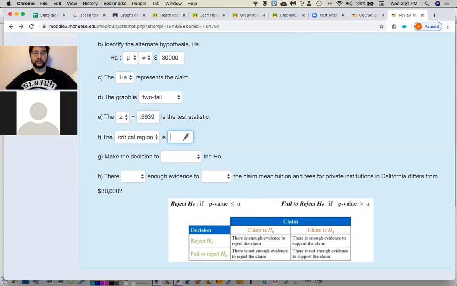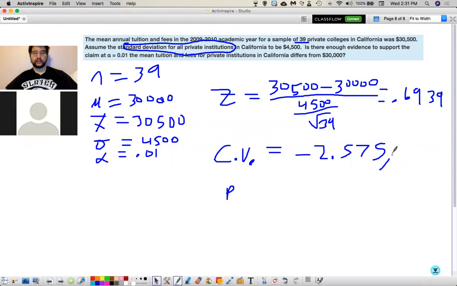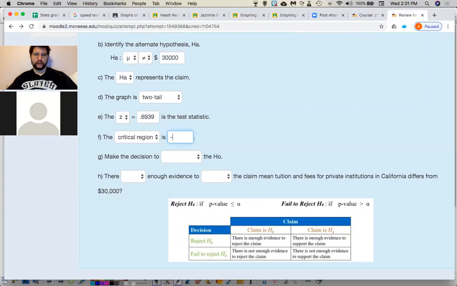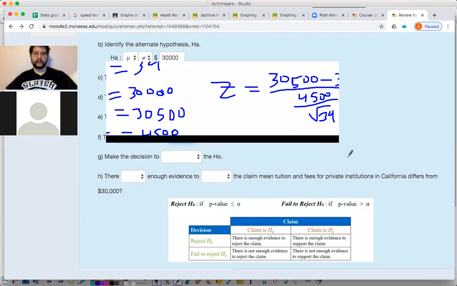So I guess I could say critical value of, well, it's also going to be positive, right? It's a two-tail. Let's see if it lets me type it. 2.575, comma. Okay, we could do that.